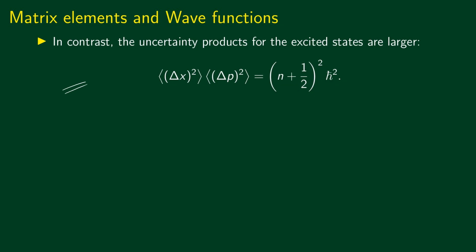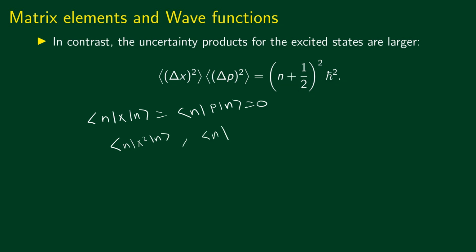This is easy because the expectation value of x and p for any energy eigenstate was shown to be 0. So you only need to find the expectation value of x square and the expectation value of p square. This can be easily calculated by writing x square and p square in terms of the creation and annihilation operators.